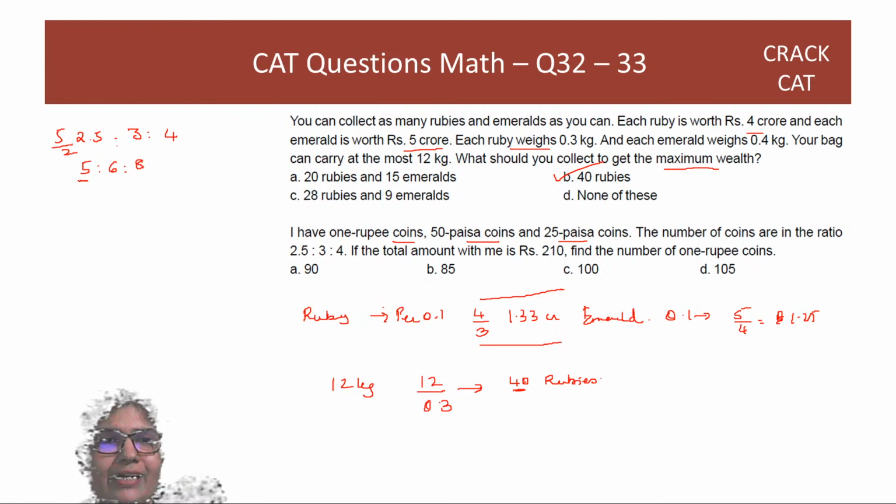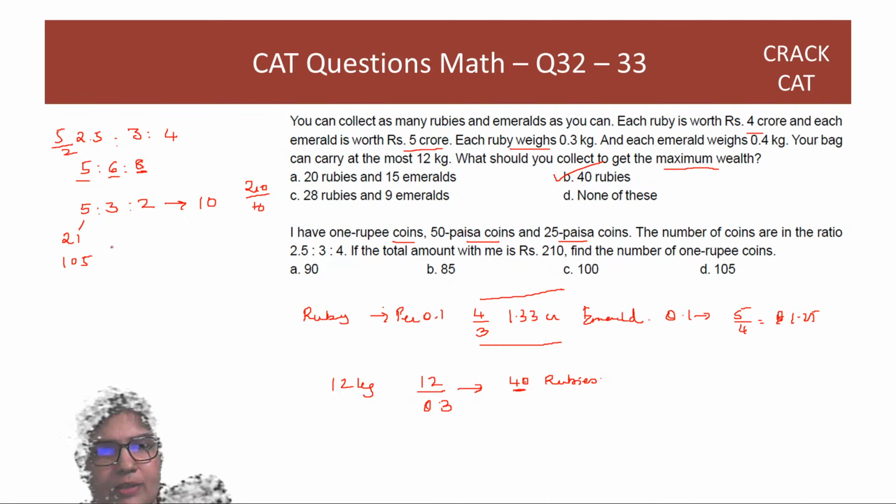Now if 1 rupee coins are 5, then the value will also be 5, but if 50 paise coins are 6, then the value will be 3, and if 25 paise coins are 8, then the value will be 2. So the ratio, right, I need to divide 210 rupees by 10. So there is 5 into 21 is the multiplier, 105 1 rupee coins.